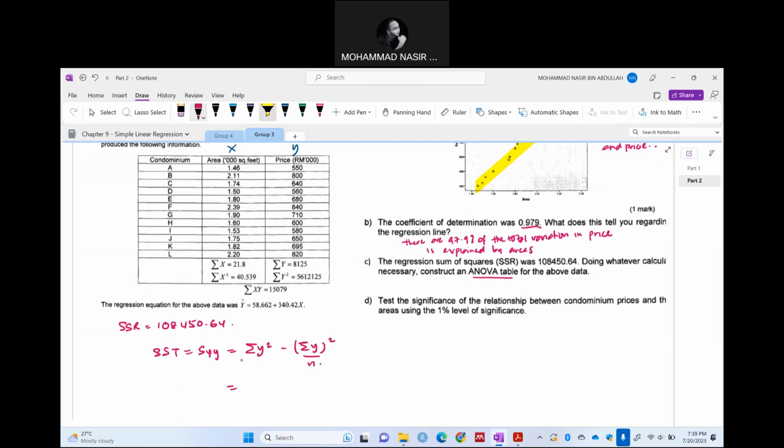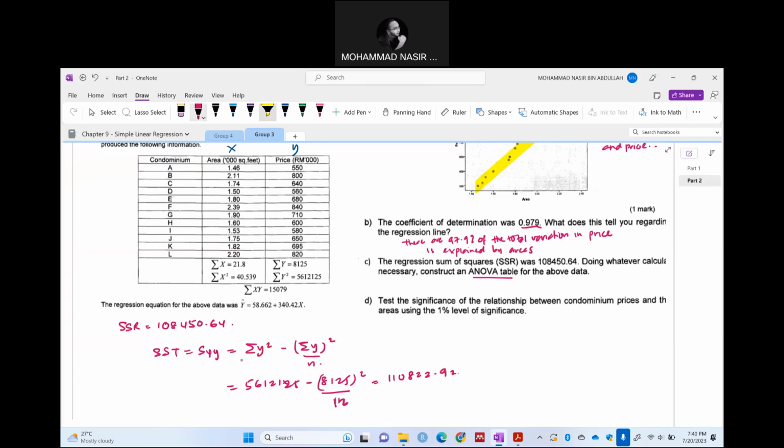So this one should be 5612125 minus 8125 square divided by how much? 12. So this one should be 110822.92.